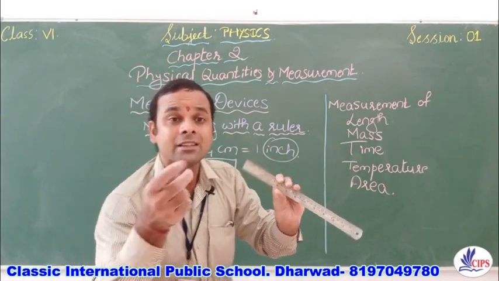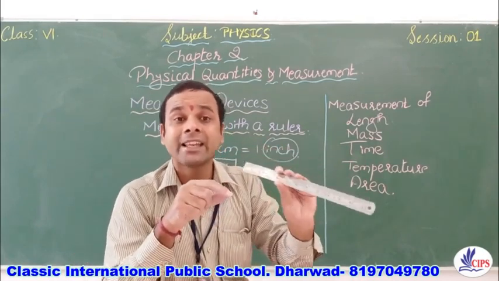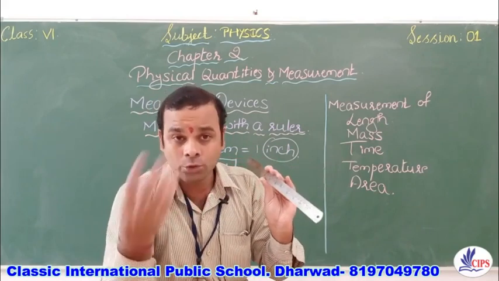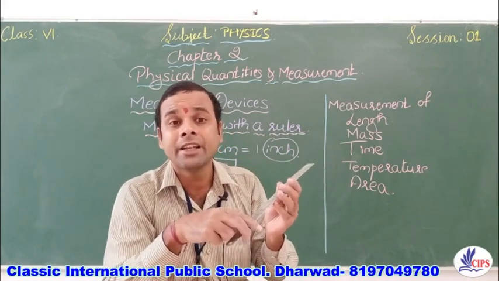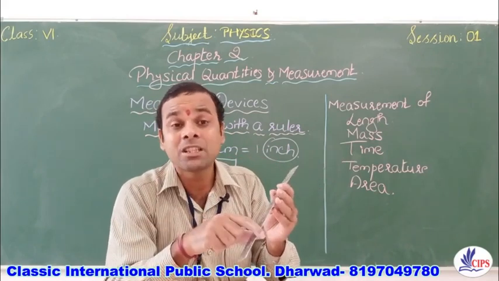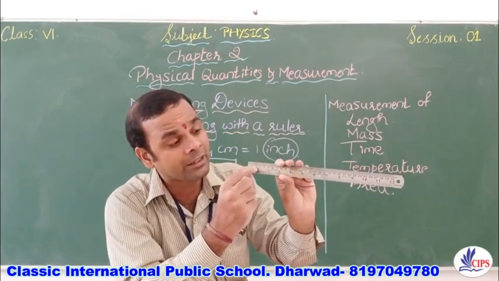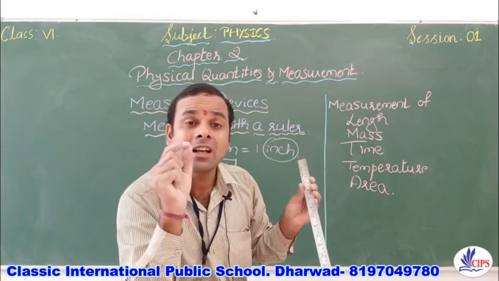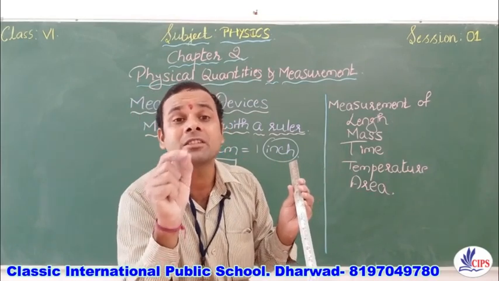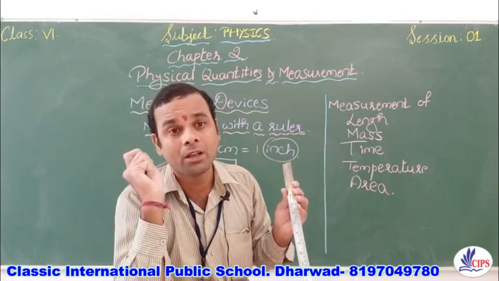So let us all have our scales in our hands. Take the scale in your hand and start observing. 1 is written and 2 is written. Just count the number of divisions from 1 to 2.